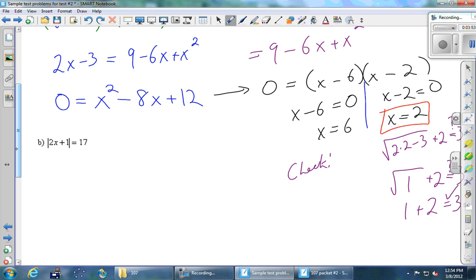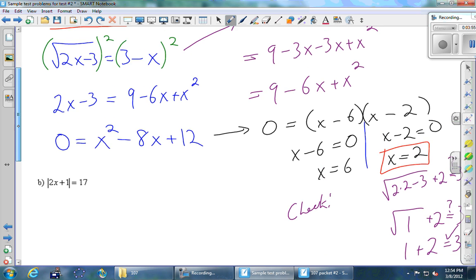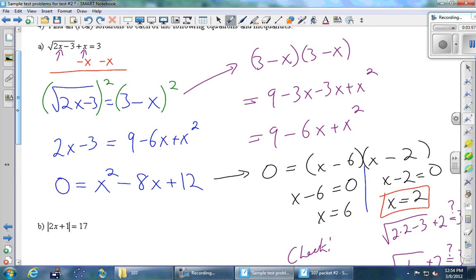Let's check the other one. x equals 6. Again, going back to the original, and replace those x's with 6's. Okay, so that top left equation, we make those x's equal to 6. Square root of 2 times 6 minus 3 plus 6 equals, with the question mark, 3.